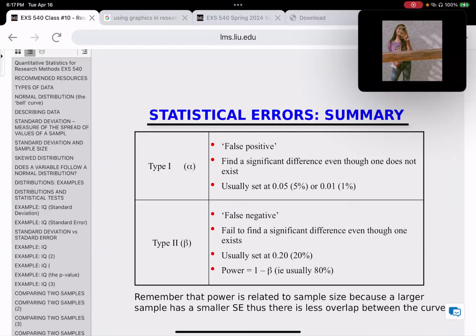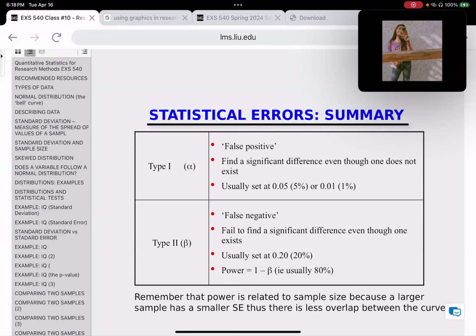The p-value really describes the probability that you're going to find a difference that is not due to chance. That is the p-value, all about probability. Whereas the beta, or the power, is how much magnitude does this study have? What kind of big story can I tell with this data set?